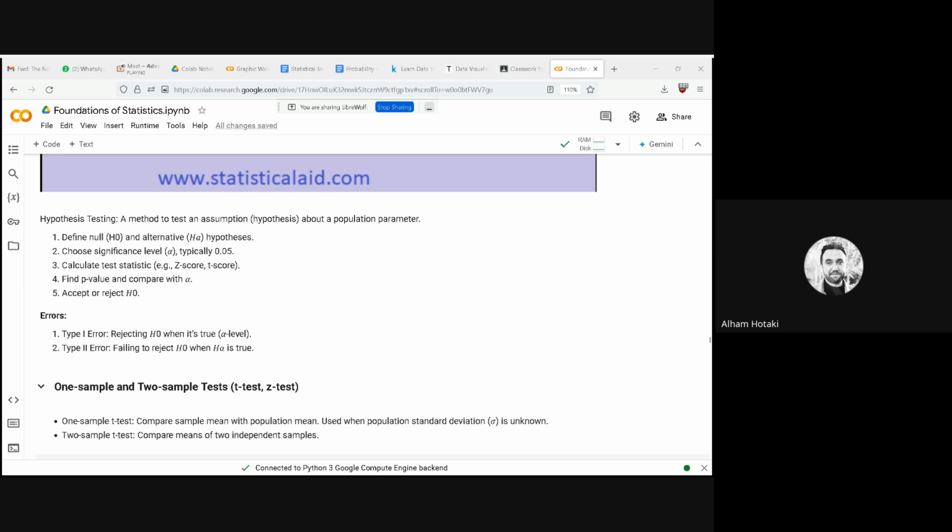In type 1 error, if you're not accepting an alternative hypothesis, that's okay, not a problem. You're just not accepting it. That's it. But in type 2, you're accepting a fake thing, which is not true. So that's more dangerous than that one.